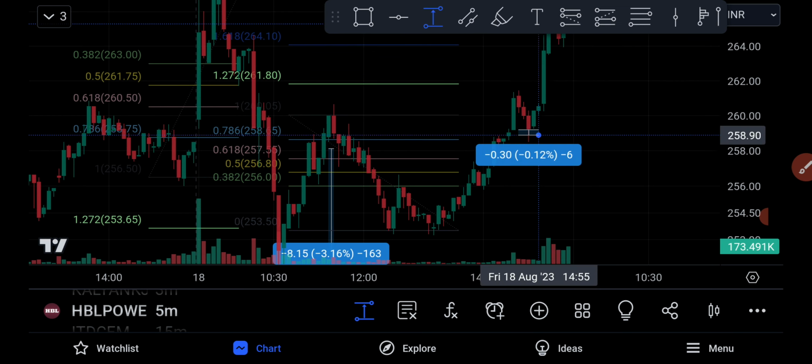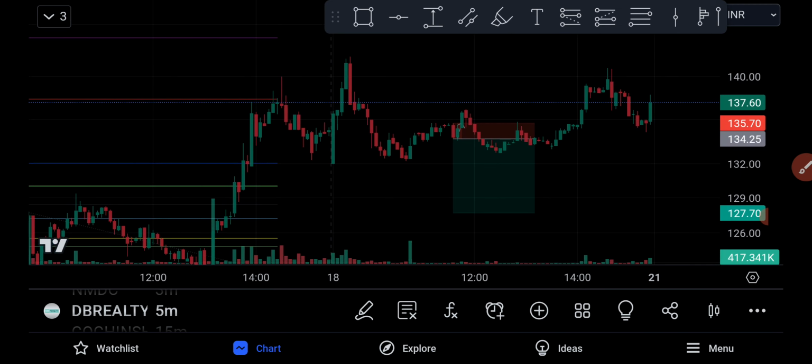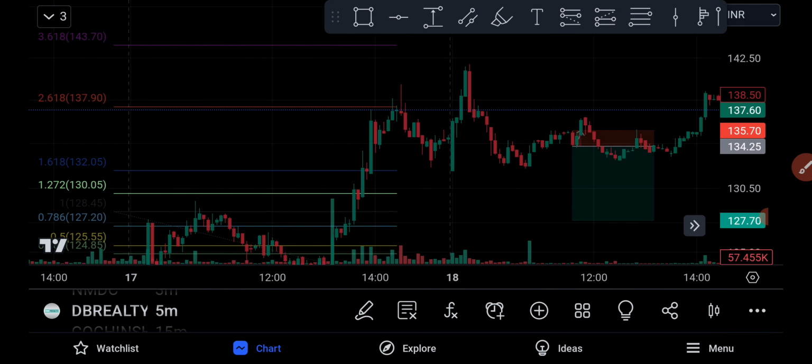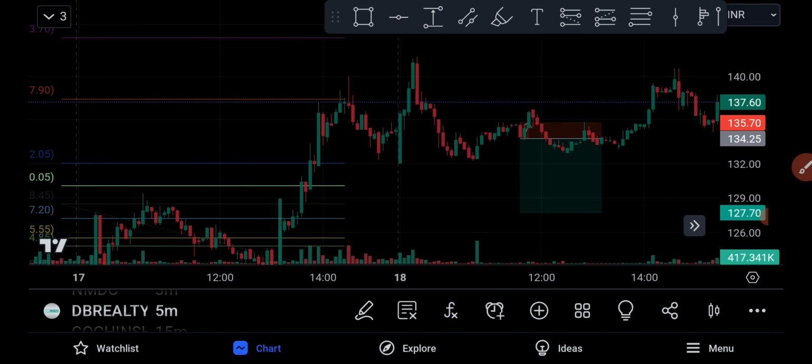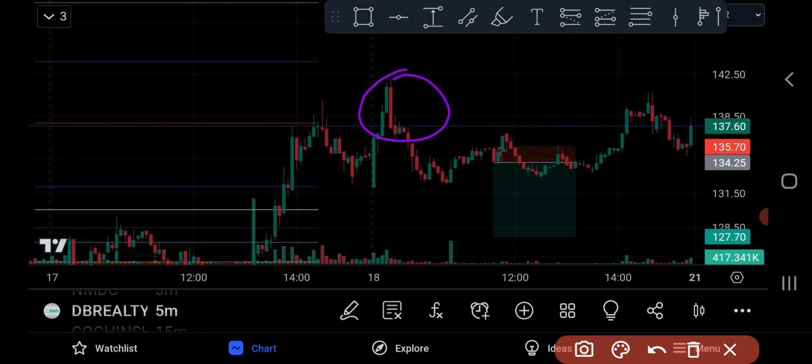When you consider the large swing, let me remove this. This is the large swing. Okay, this is the largest swing. According to the large swing, the market is at the 2.6 level and taking the rejection. See here, the market got sustained. As you can see here, the market got sustained here.